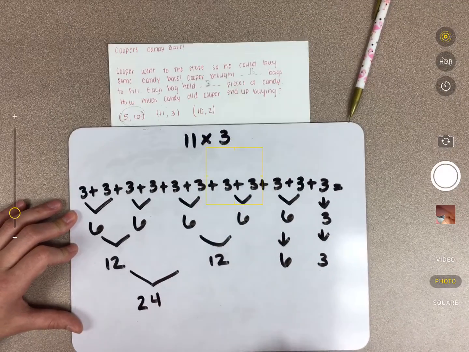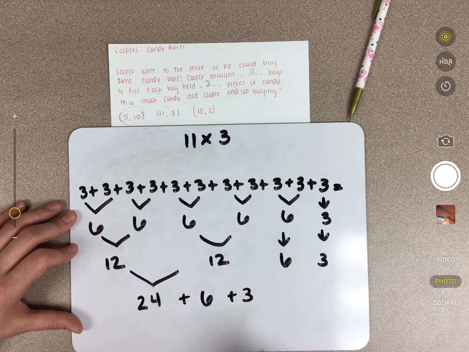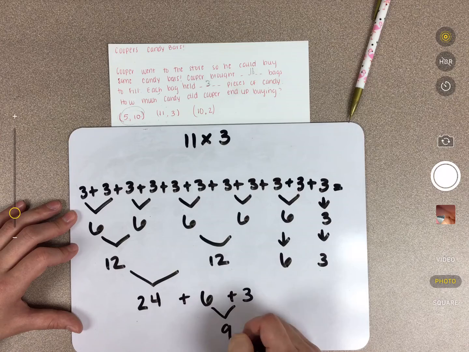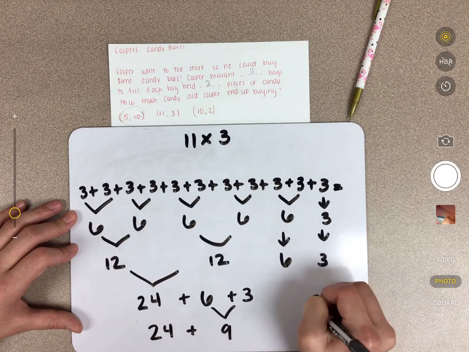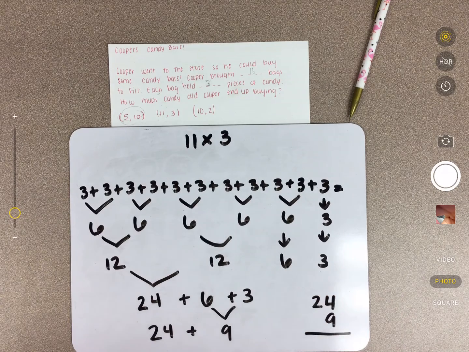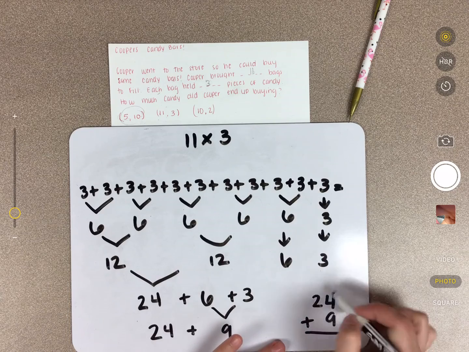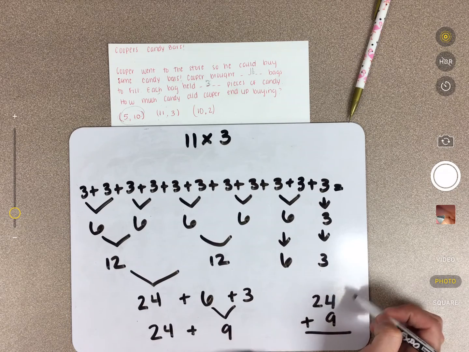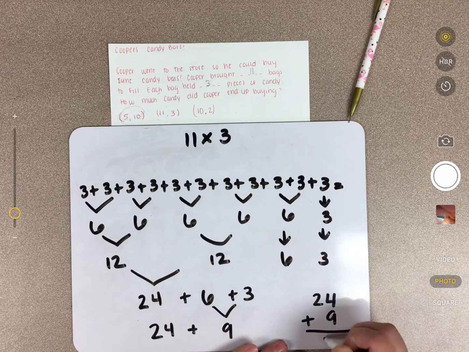So I have 24, and then I need to add a 6, and I need to add a 3. So I know that 6 and 3 is 9, and then 24 plus 9, I can do like this: 20 plus 9 is 29, and then plus 4 more is 33.